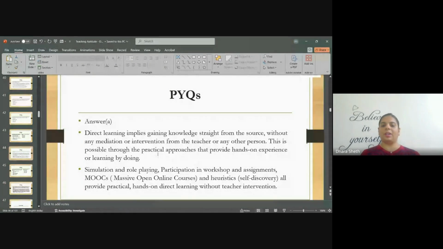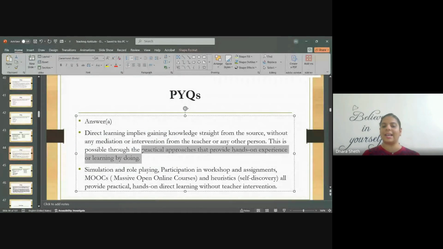This is possible through practical approaches that provide hands-on experience. That is direct learning. So you learn the theory and then when you apply it, that is not direct learning. When you do it directly: simulation and role playing, participation in workshop and assignments. So basically learner-centric methods, MOOCs and heuristics. So these are direct learning.